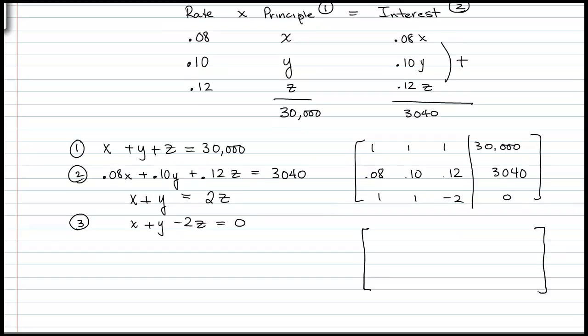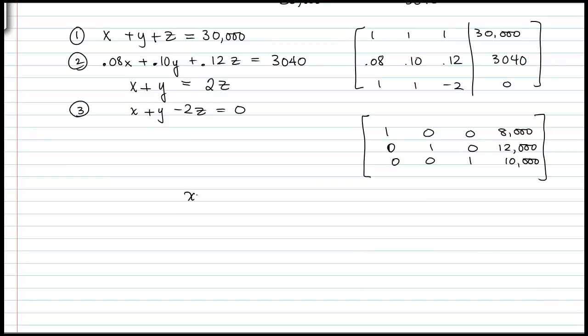And my answer is 1, 0, 0, 8,000; 0, 1, 0, 12,000; and 0, 0, 1, 10,000. So that's a translation of X is equal to $8,000 borrowed at 8%.